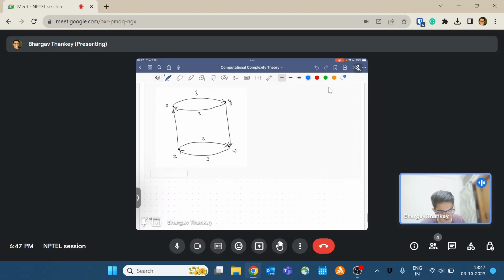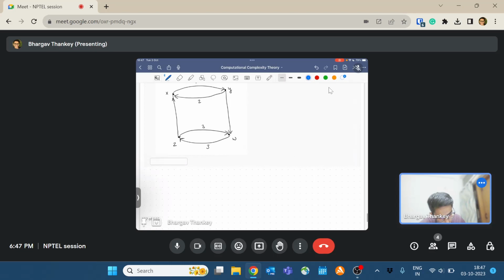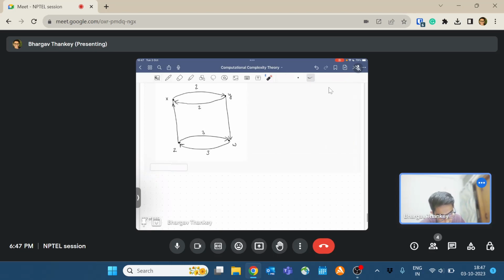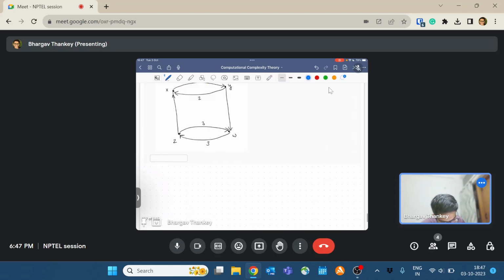So first of all, let's just count all the cycle covers over here. Starting from X, we have only one possibility, taking this edge.